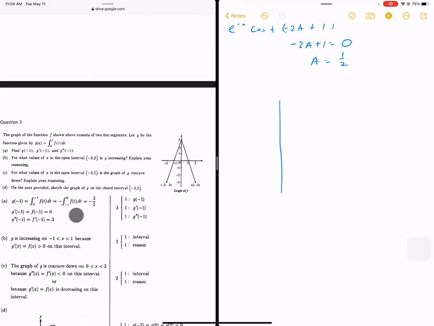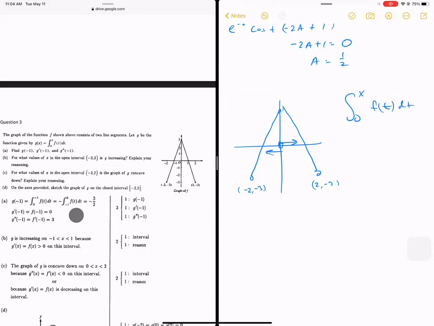So if I draw the picture, negative 2 comma negative 3, and 2 comma negative 3, they give you from negative 2 to 2. But if you look at the integral, they always start off right at 0. So it's going to be from here going forward or here going backwards. So let's be aware of that.